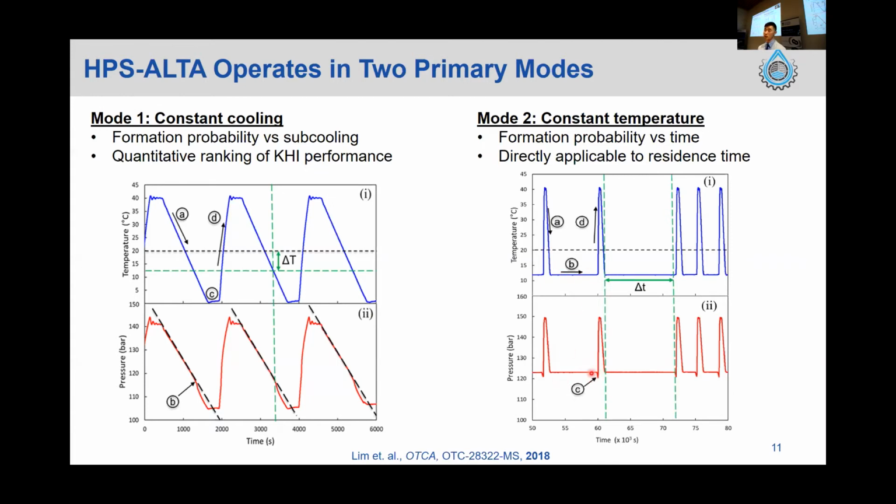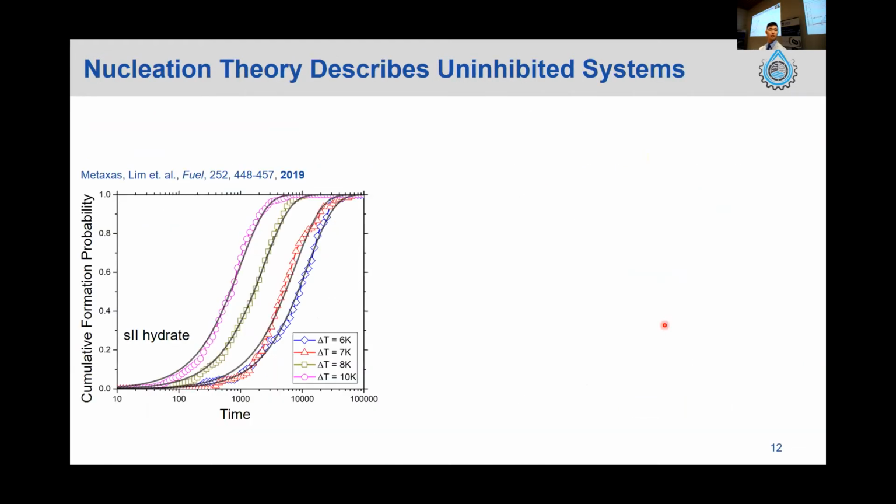Hydrate formation onset is once again detected by the pressure drop, and you can keep going and generate more and more induction time data. For the sake of this presentation, I am just going to focus on the second mode. All the data sets I will show you in the future slides are from the second mode, which is also more applicable in your fields.